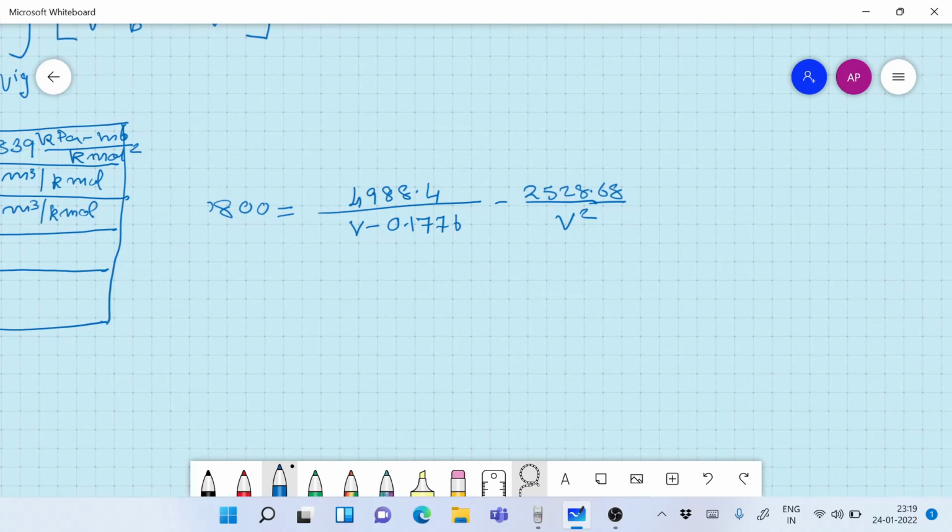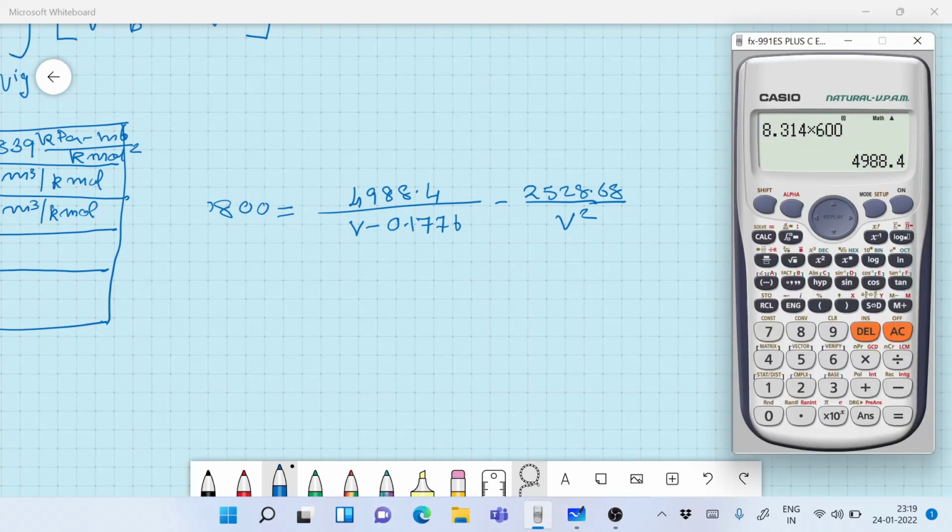So let's do it. 800 is equal to 4988.4 divided by alpha x minus 0.1776, minus 2528.68 divided by alpha x square.